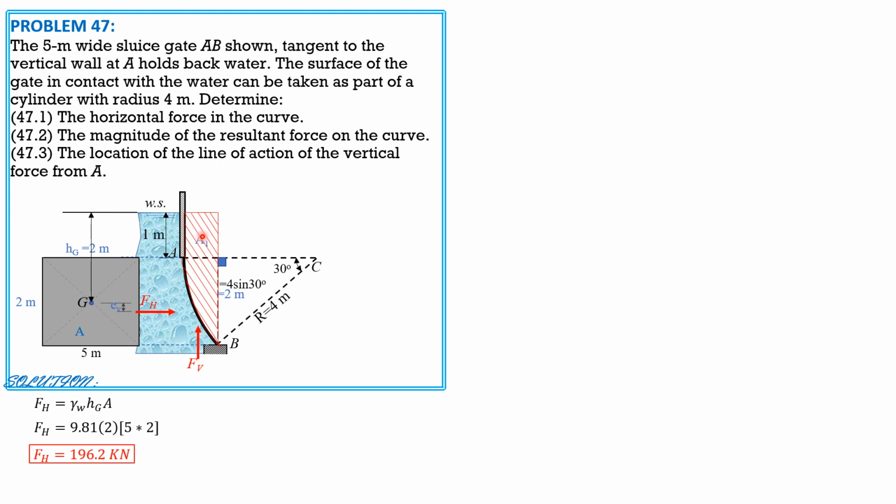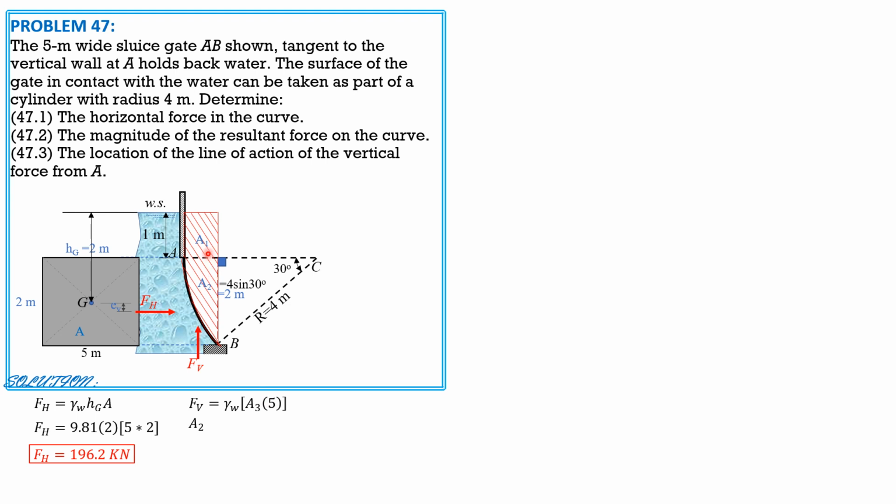We will call this area 1, and this one, which is a segment of a sector, area 2. Then the total shaded area is area 3. The volume, therefore, because Fv is specific weight of water times volume, is area 3 times 5 meters into the board. So Fv equals gamma of water, area 3 times 5 meters.